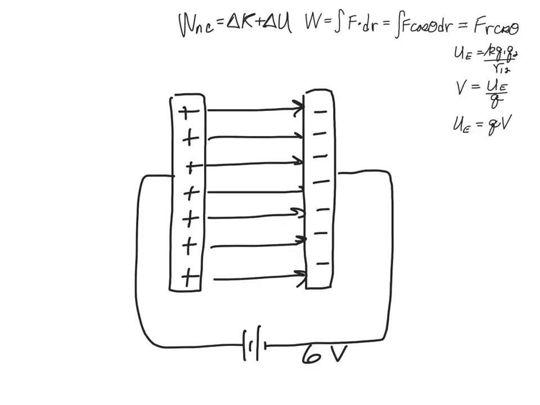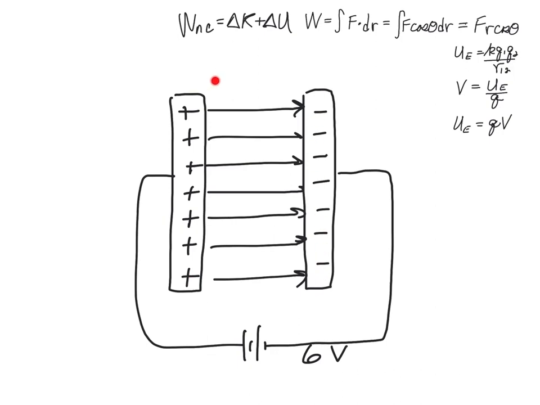And since volts or voltage is a common quantity, let's look at some practical examples of this. So here's a very simple practical example. We have two metal plates and we're going to charge them. So there's a uniform electric field between them. And how would we charge them? We'd use a battery. So supposing we take a 6-volt battery and we connect the positive terminal to this plate and the negative terminal to that plate, the battery will make this positively charged and this negatively charged.